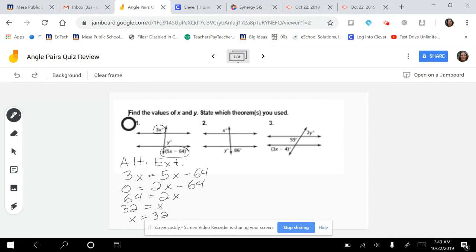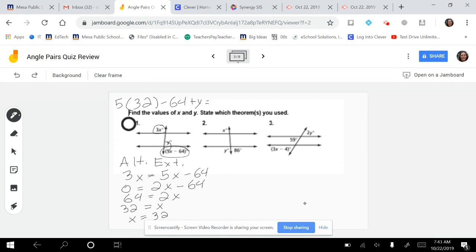Okay, now I can use that to figure out the next one. So to figure out y, I'm going to substitute in here. I'll write it up here just for room. So 5 times 32 minus 64 plus y.